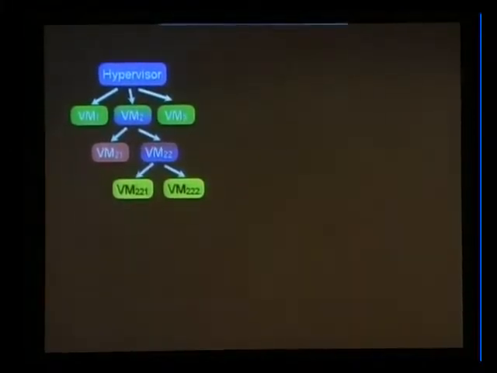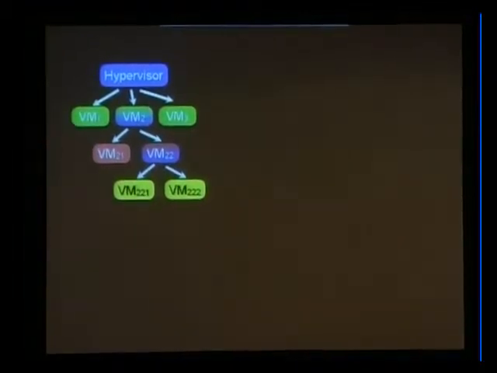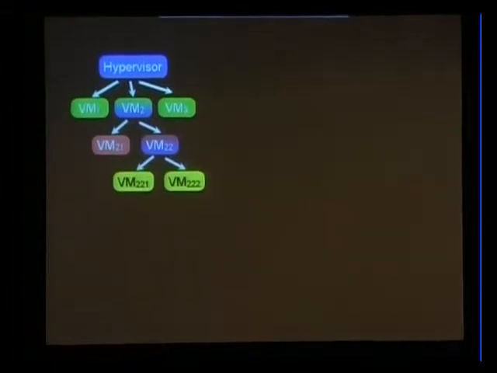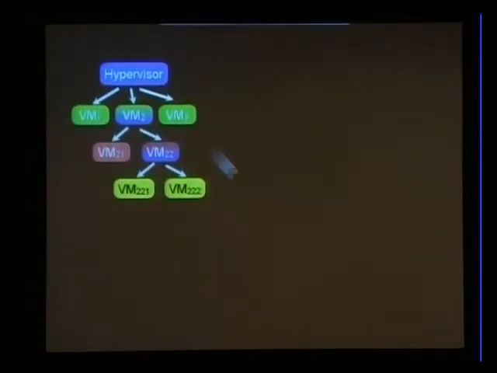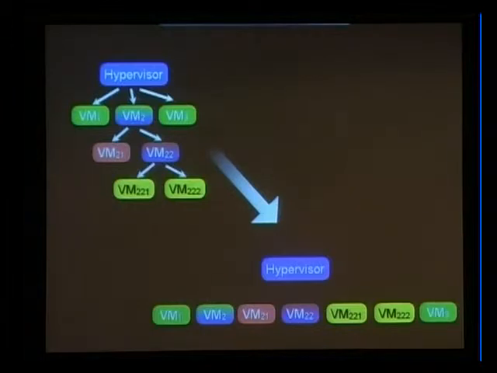VM221, for example, the lowest virtual machine in the picture, should be serviced by the hypervisor which runs in VM22, and so on. So the idea is to implement a flat scenario for one major hypervisor, which we call the primary hypervisor. From the point of view of this hypervisor, all these virtual machines are the same. They all have the same privileges.